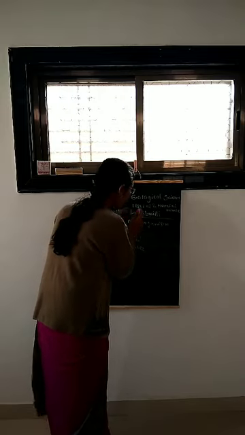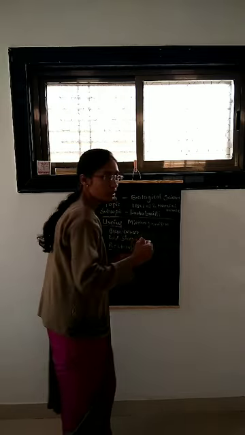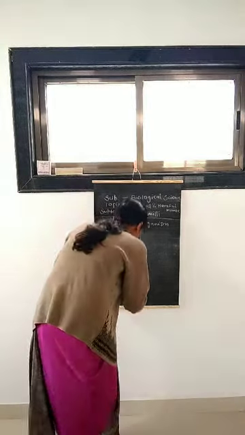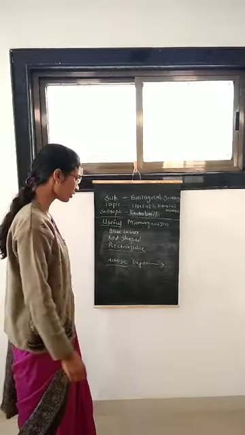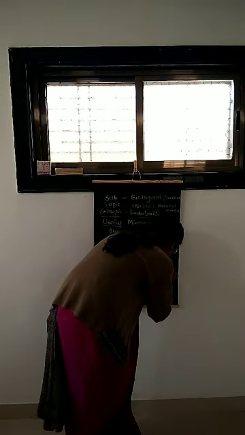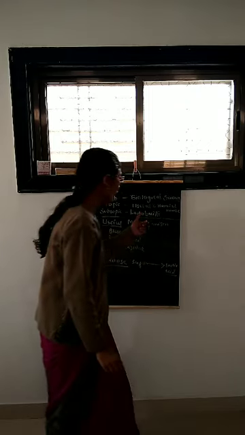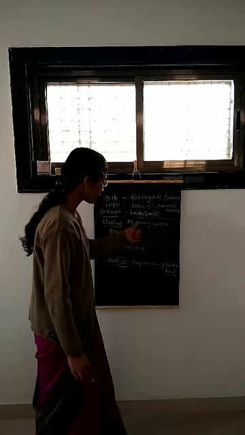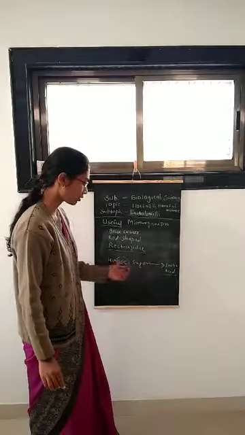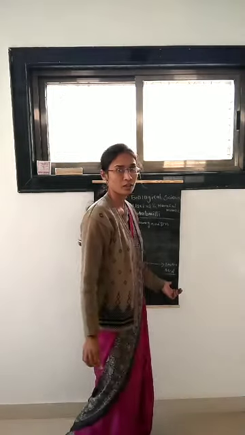Okay, so what is the function of Lactobacillus? Lactobacillus converts lactose sugar, which is present in milk, into lactic acid. This is the carbohydrate. So Lactobacillus converts lactose sugar, which is present in milk, into lactic acid.